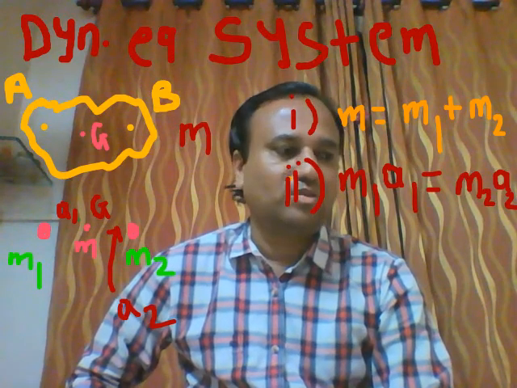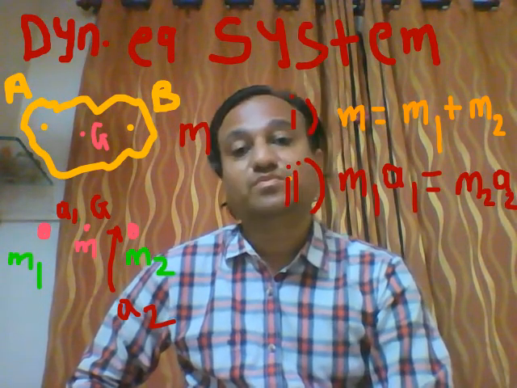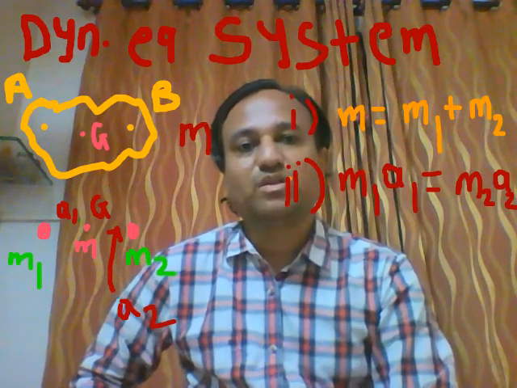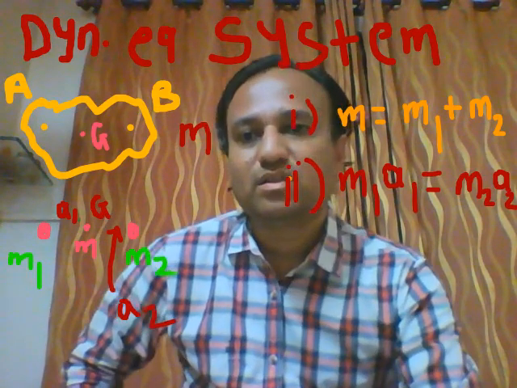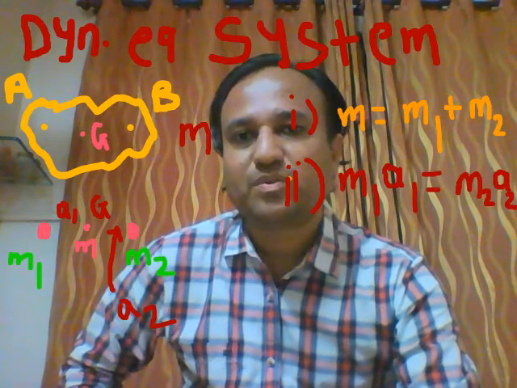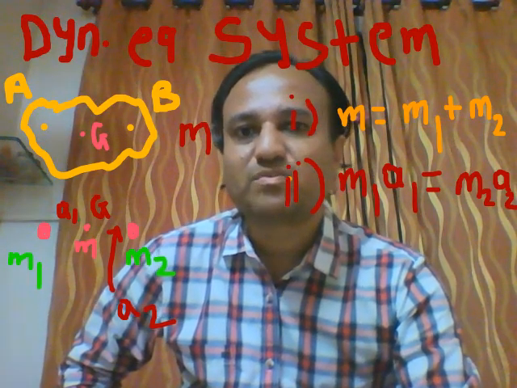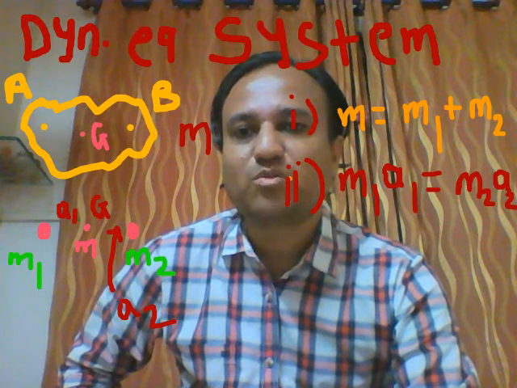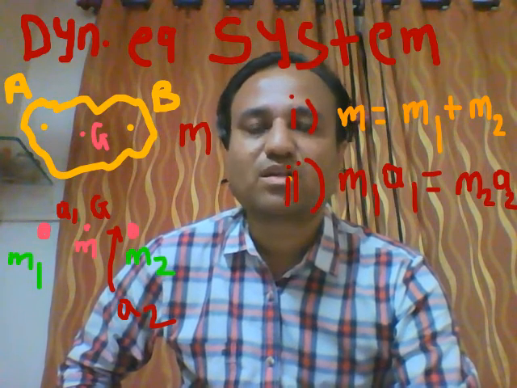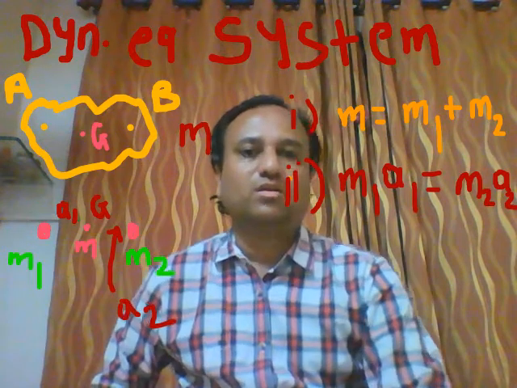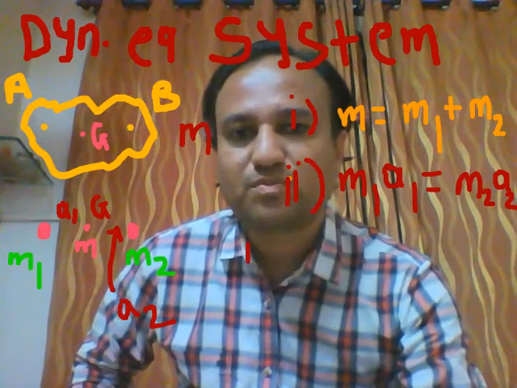In other words, we can say that the Cg of the single point system and the Cg of the 2 point system coincide with each other.